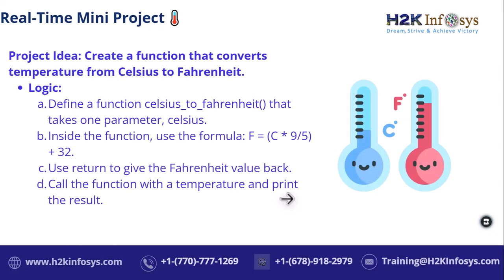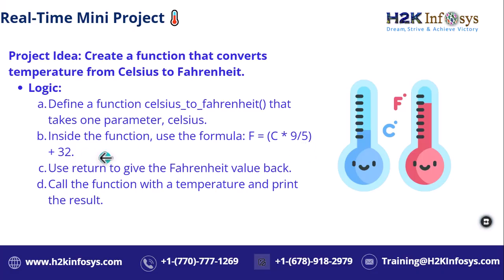So now based on what you have learned, we have one more mini project where you have to create a function that converts a temperature from Celsius to Fahrenheit. Define a function that takes only one parameter, C, and then write a calculation like C into 9 by 5 plus 32.